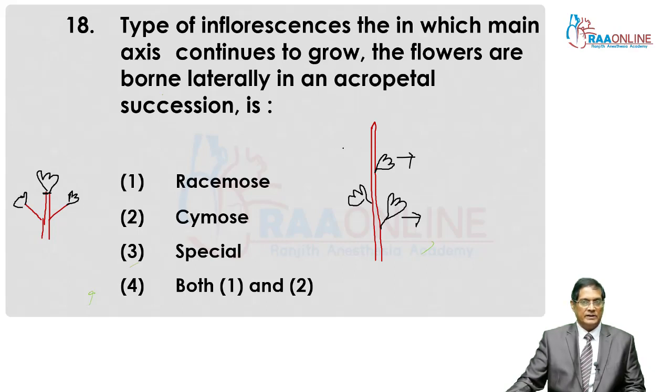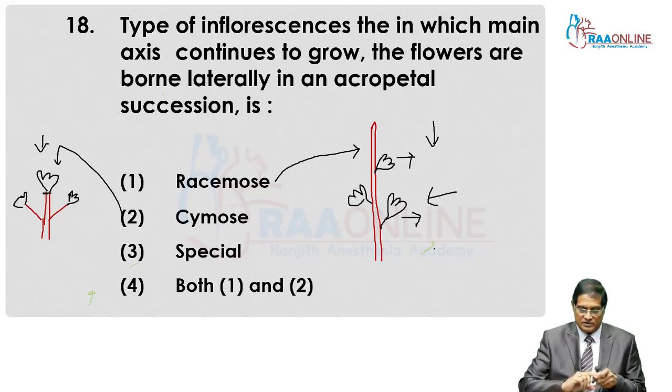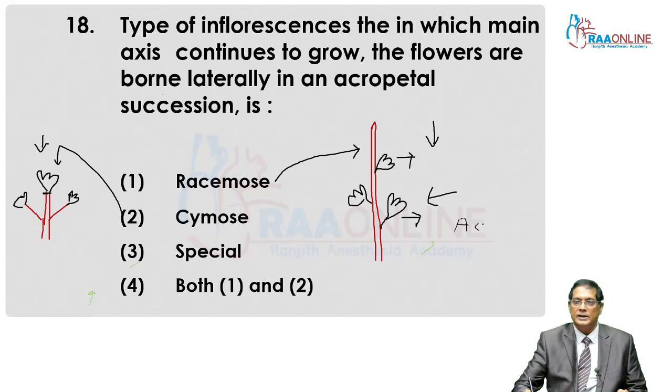So see this. In racemose inflorescence, the main axis grows continuously, whereas in cymose inflorescence, the growth of the main axis is stopped due to the development of a terminal flower. So here the flower position is terminal, here it is lateral. In racemose, flowers are arranged in acropetal succession.